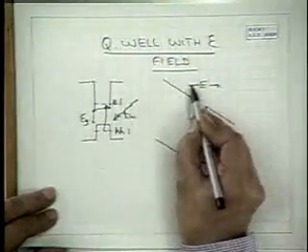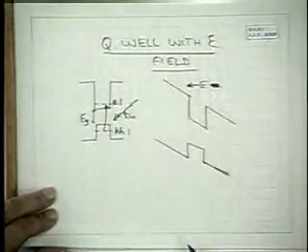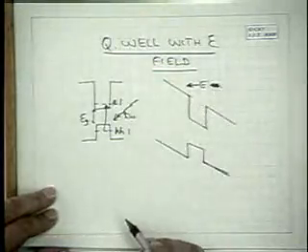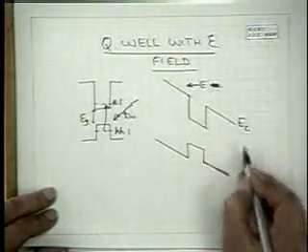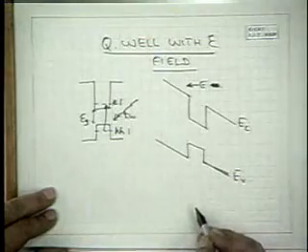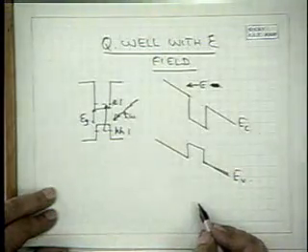This is electron energies. So this is EC, this is EV, and what happens?